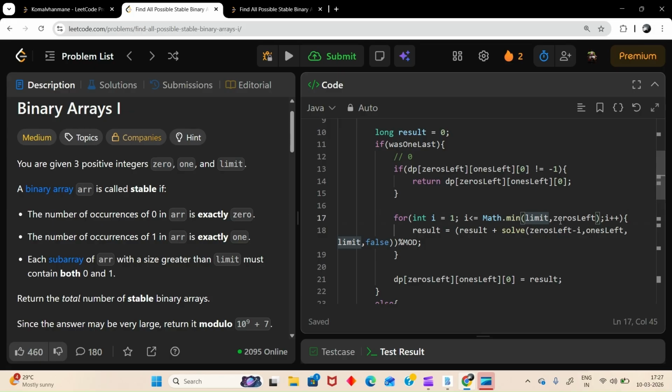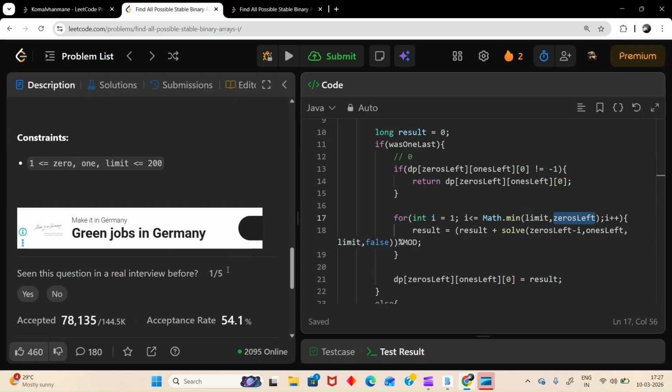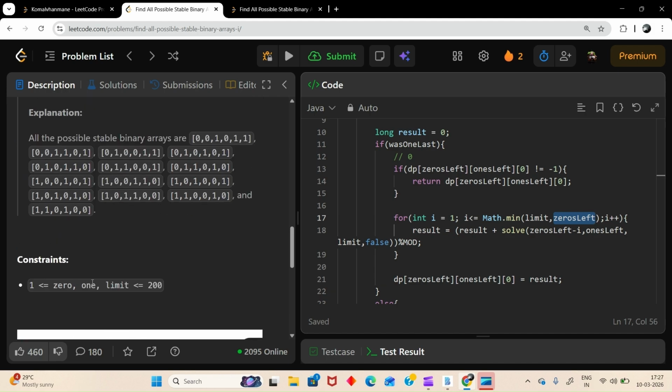Looking at the constraints, it is not given that our limit will always be greater than zeros or ones, so my zeros can also be less than limit. My limit can be 4, but my number of zeros is only 2, so I'll only check from length 1 to 2. So here we are calling solve with zeros left minus i, ones left, limit, false.